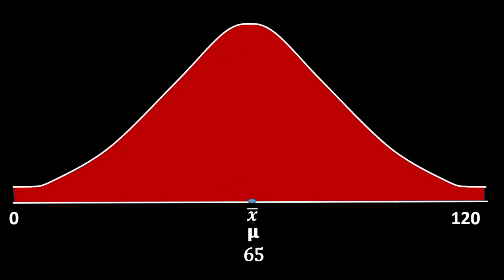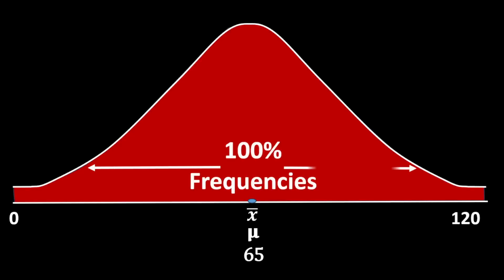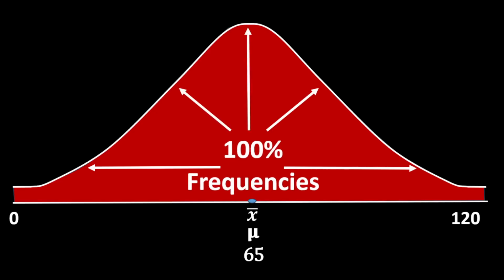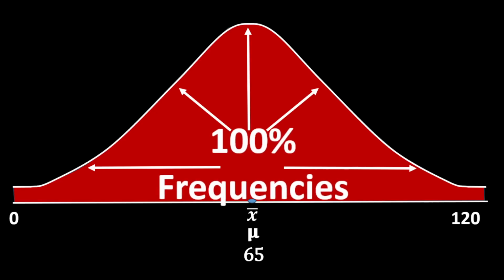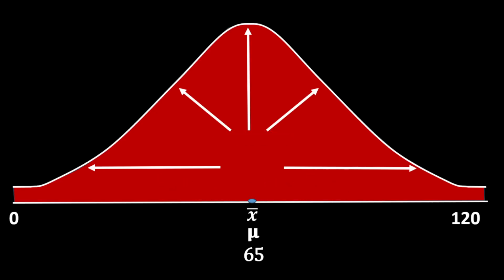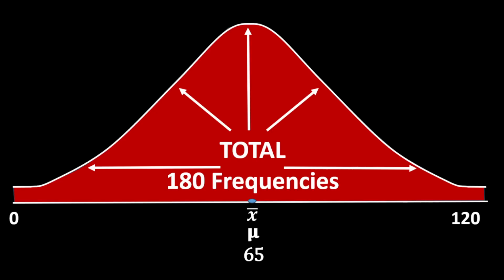And between the curve and the x-axis, a total of 100% of frequencies are lying. In terms of our example, 100% of frequencies means a total of 180 frequencies are lying between the curve and the x-axis.